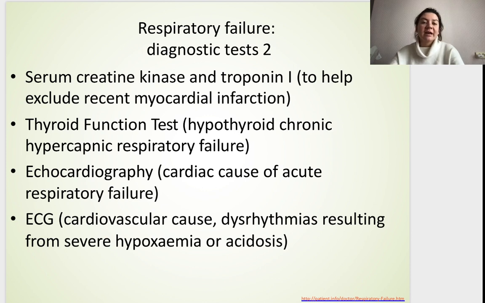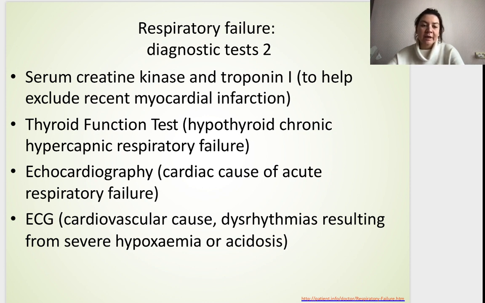Serum creatine kinase and troponin I to help exclude recent myocardial infarction. We usually do a thyroid function test. For example, hypothyroid chronic hypercapnic respiratory failure can be the cause of our symptoms. We always do echocardiography to exclude or find any cardiac cause of acute respiratory failure.